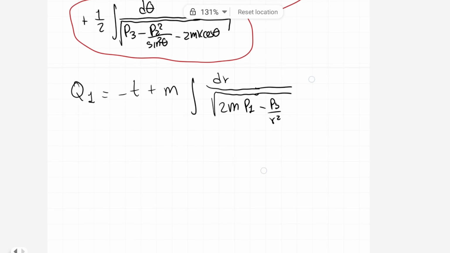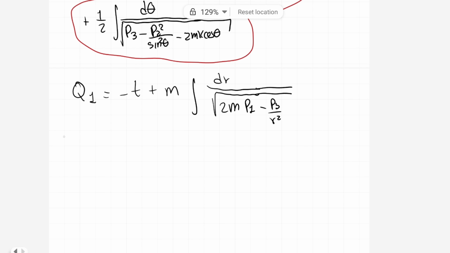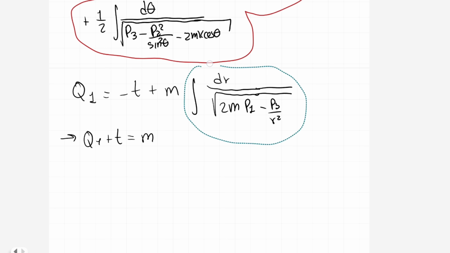So what we are going to do here is, first of all, let me write this as Q1 plus T equals M times all this.